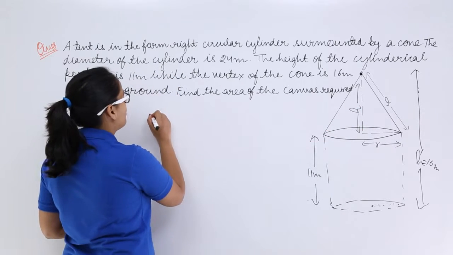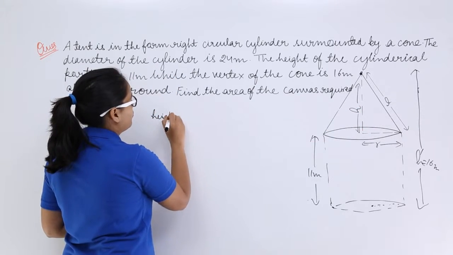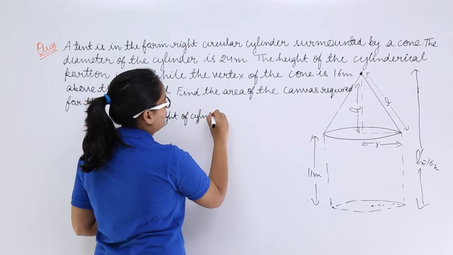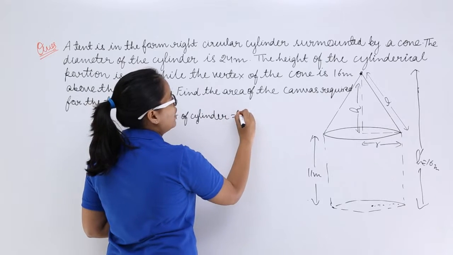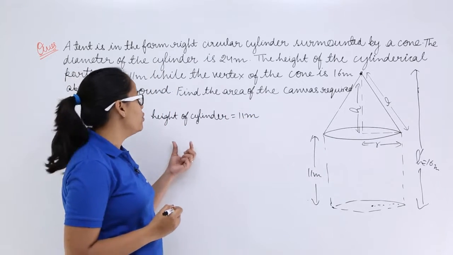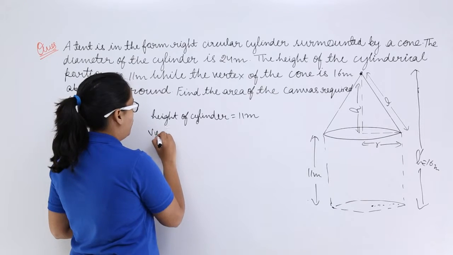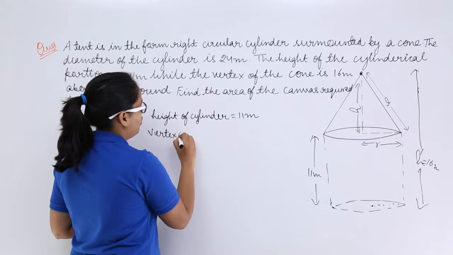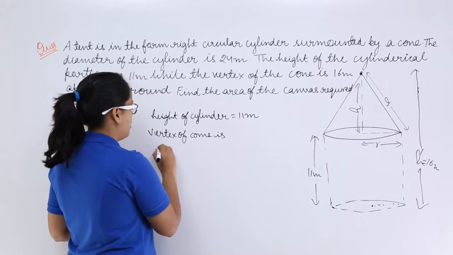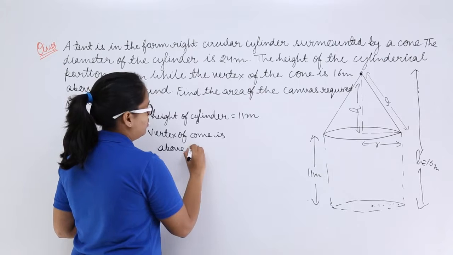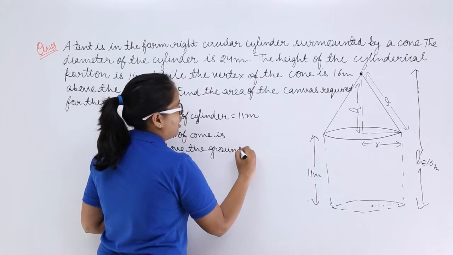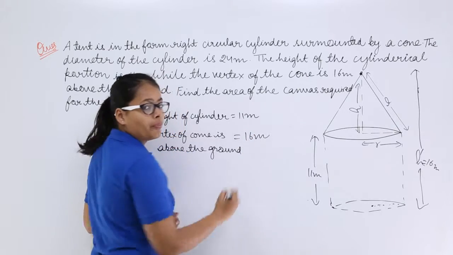So let's write down. Height of cylinder is 11 meter. This has been given to you and you know that vertex of cone is above the ground by 16 meter.